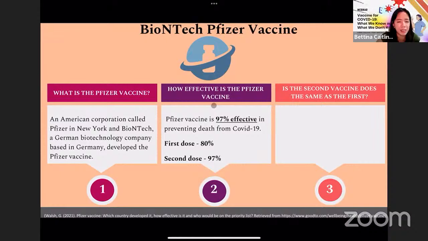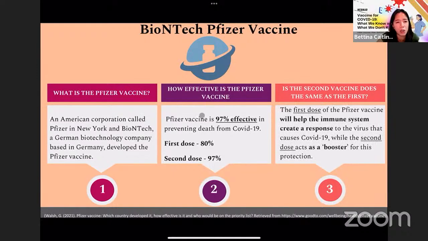The question is, is the second vaccine dose the same as the first? The first and second doses of the vaccine are quite similar, but they actually work in different ways. The first dose of the Pfizer vaccine will help the immune system create a response to the virus that causes COVID-19.